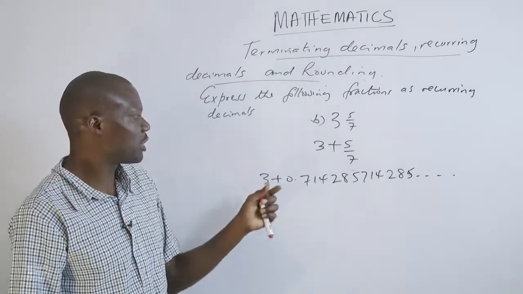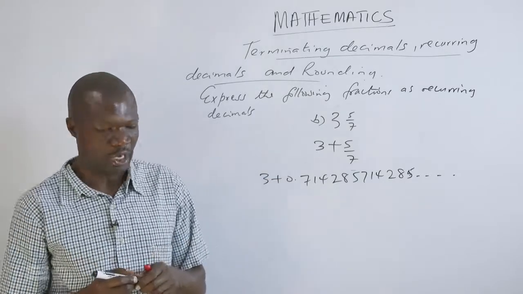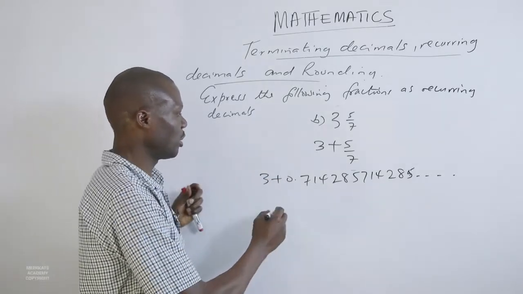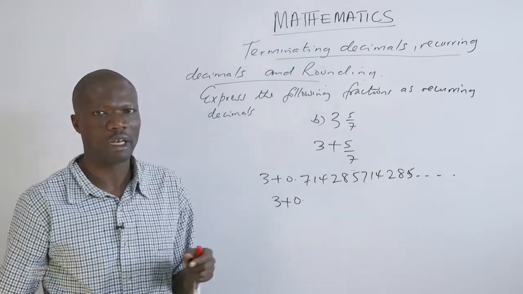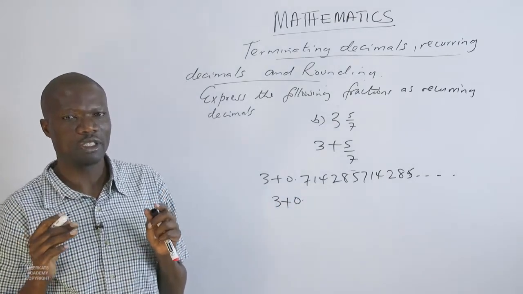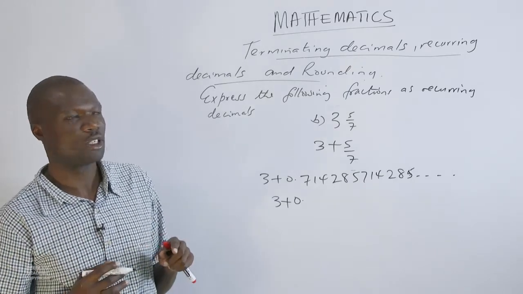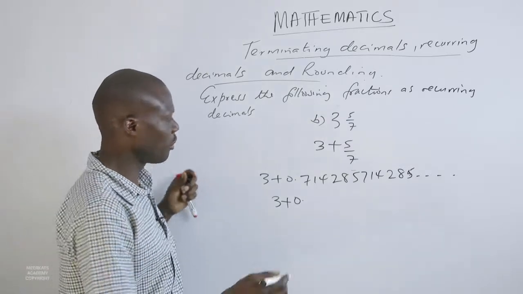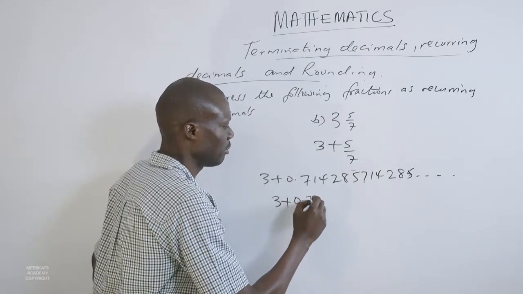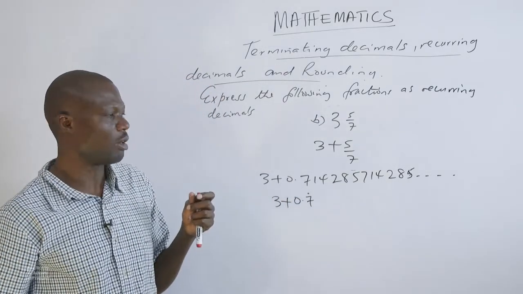So by convention, we can now rewrite this as simply 3 plus 0. Now, what is the starting digit that is giving us the pattern to recur? In this case, you find it is 7, so we shall have a dot above 7.